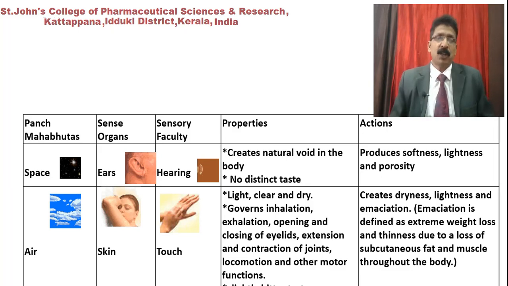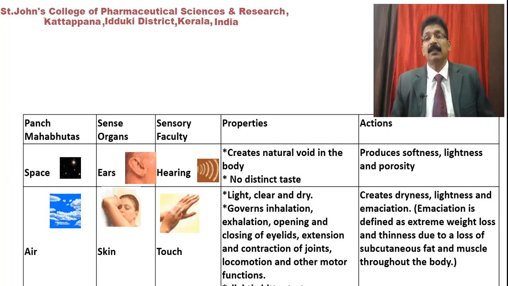So when you talk about space, we are telling about ear, mouth, this all comes. Ear means, just an example, hearing. It creates natural void in the body, no distinct taste, and produces softness, lightness and porosity.